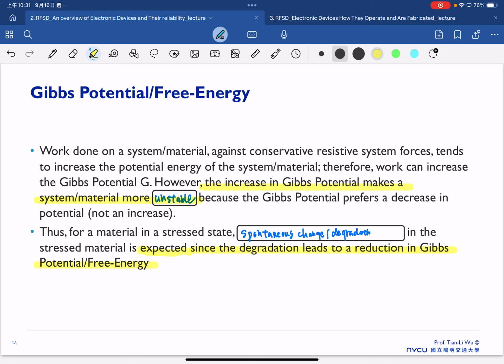So that means once we have a stress here, we can expect a spontaneous change or degradation, because this degradation can lead to a reduction of the Gibbs potential or free energy. And the stress state here means we start to provide additional bias or temperature to a material.